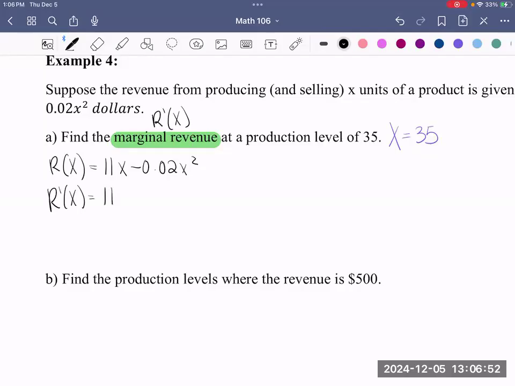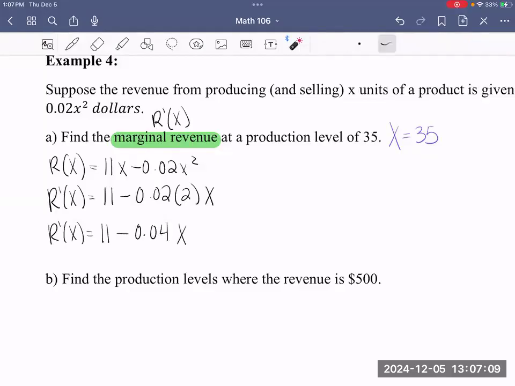So we should get 11 minus 0.02 times 2X, which when we fix it up is 11 minus 0.04X. This is the slope of the tangent line of your revenue, to increase the additional revenue.